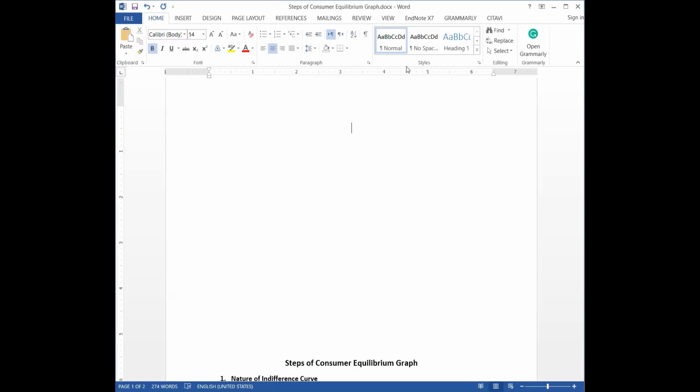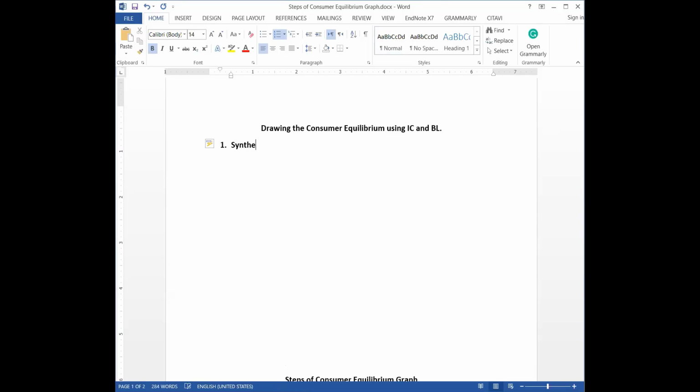Today what we are doing is drawing the consumer equilibrium using indifference curves and budget line. Our objective will be to synthesize the outcome from two aspects.